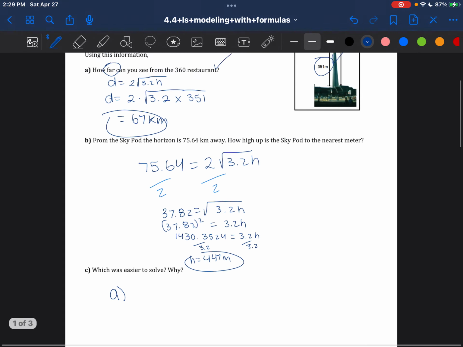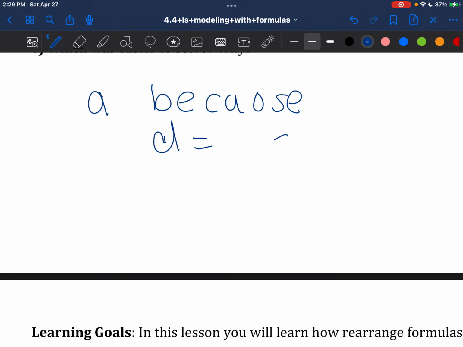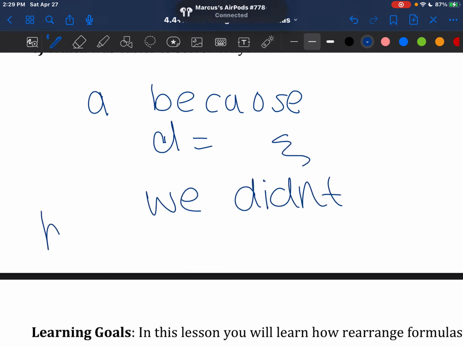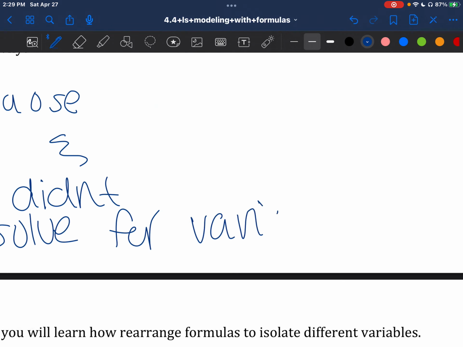Well, clearly the first one, because it was d equals. We didn't have to solve for the variable.